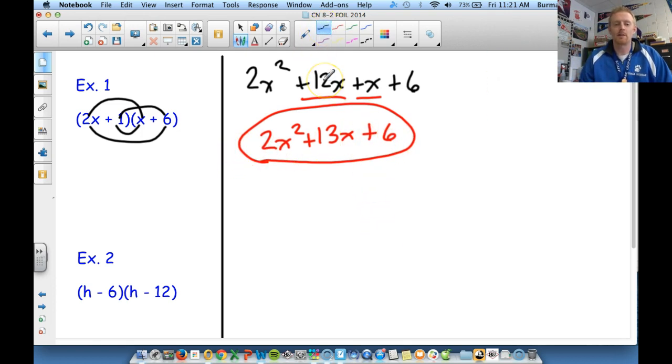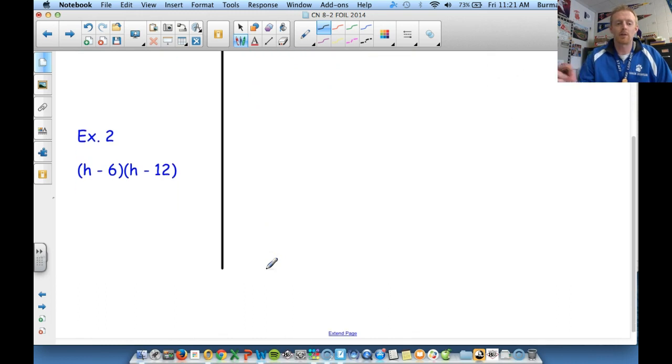All right, let's try again, see if you can beat me. Maybe you want to hit the old pause button to see if that will be helpful for you to try to do it correctly without me. All right, so again, the process. First times first, h times h makes an h squared. Our outsides, h times a -12 makes a -12h.